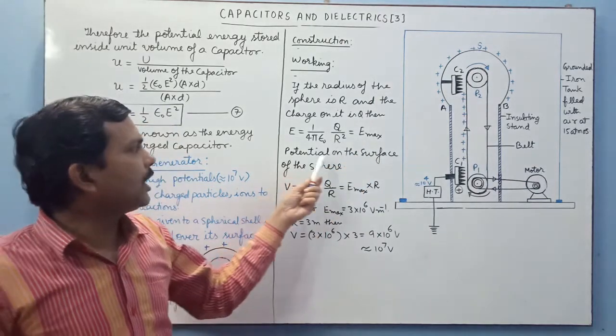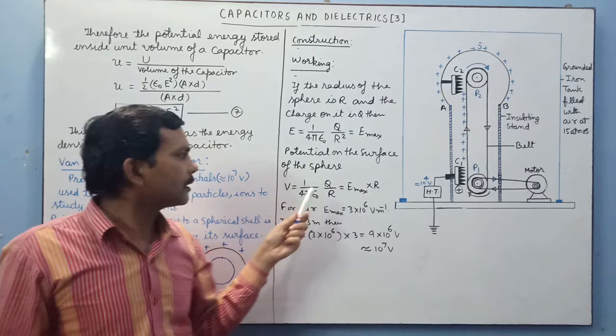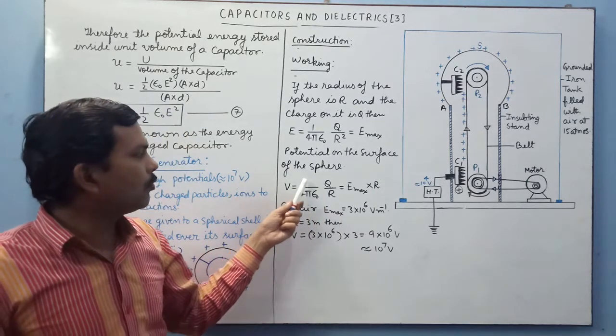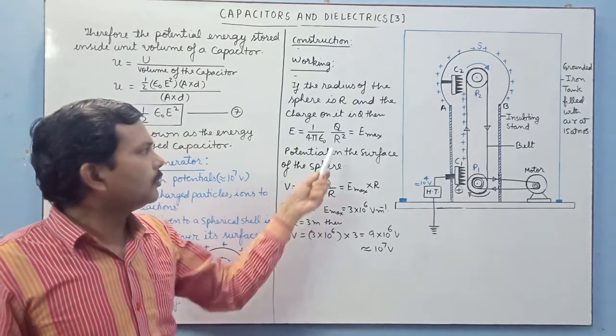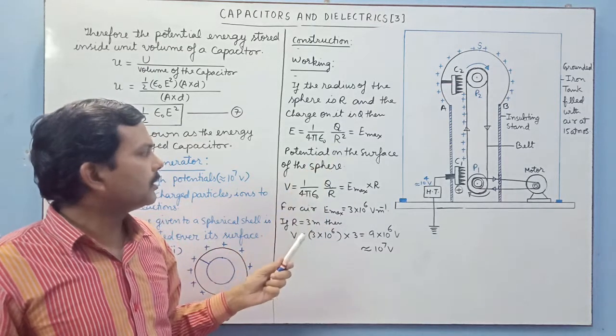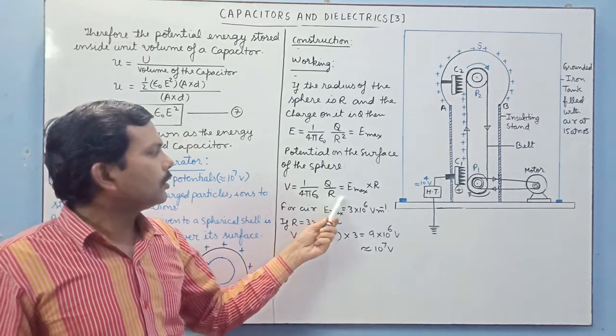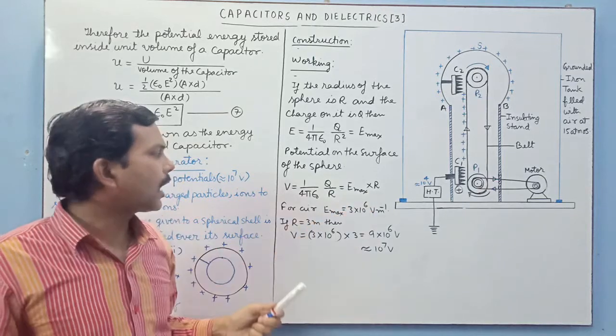So the potential on the surface of the sphere will be V is equal to 1 upon 4 pi epsilon 0 Q by R, and from this equation we can substitute the value. This will become E max into capital R.